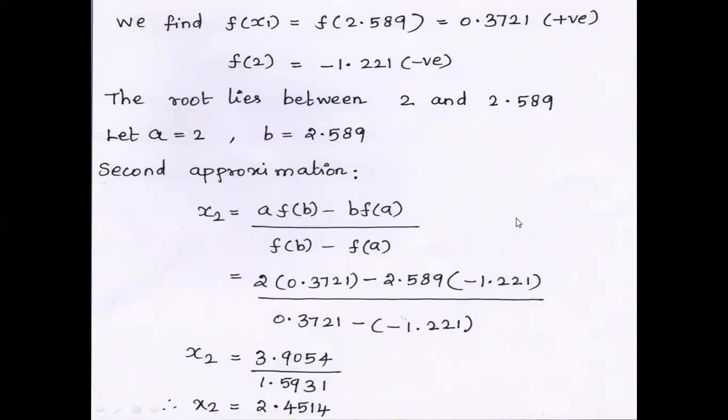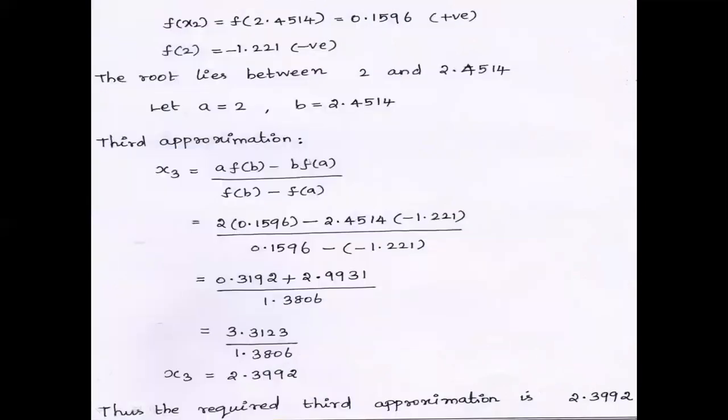Now we need to calculate the second approximation x2. Substituting the formula, we will get x2 value 2.4514. Again we need to calculate f of x2. So f of x2 value becomes positive. We have to choose it with the negative value, that means f of 2 is negative.